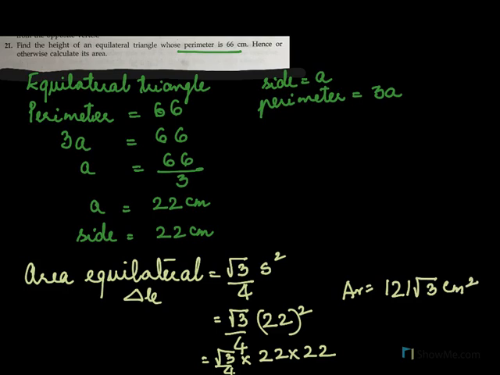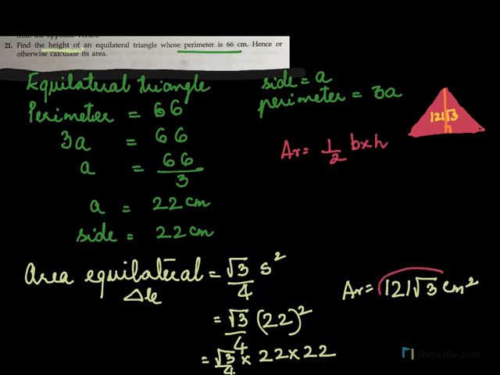We now need to find the height of this. Here we have the equilateral triangle, and we know the area is 121 root 3. Now we do area equal to half base into height. The area we have found is 121 root 3, half.